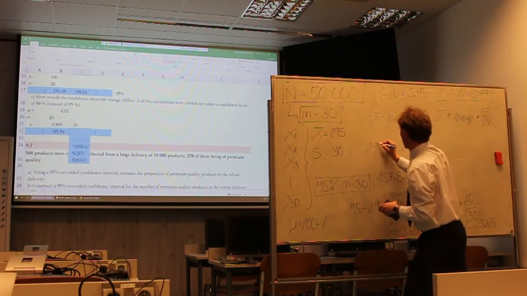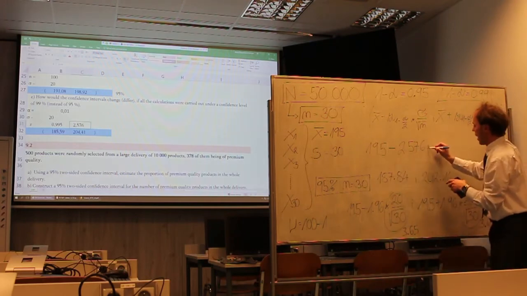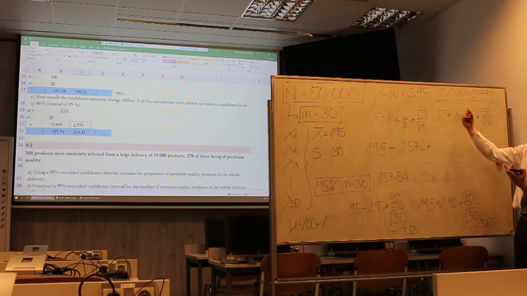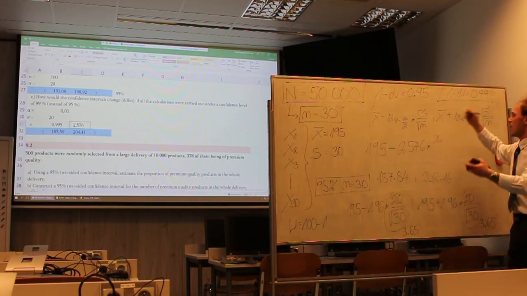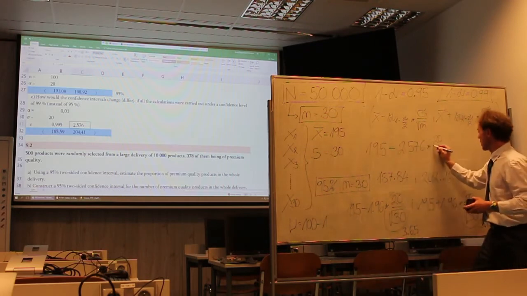So the mean, 195 days, minus this quantile times the known standard deviation 20, and the original sample size 30, divided by square root of 30.